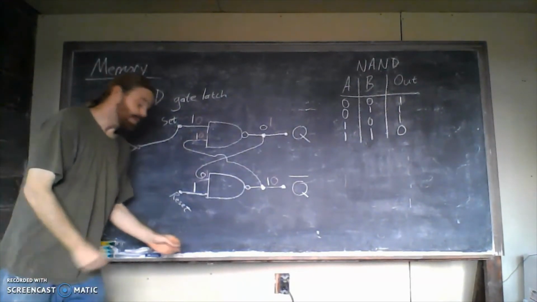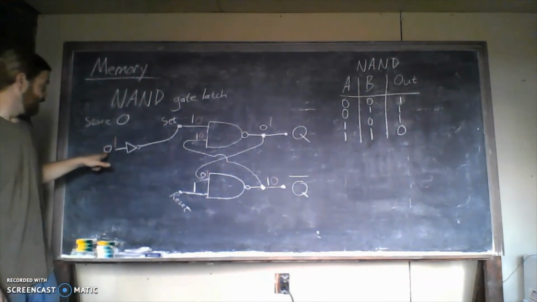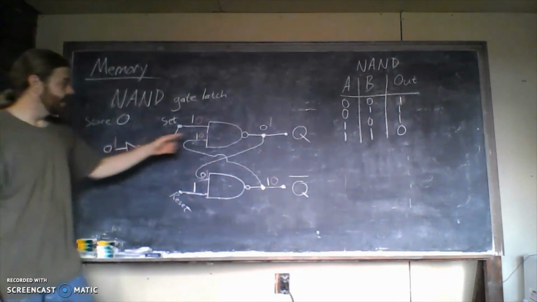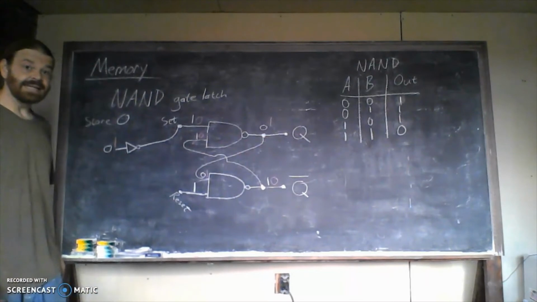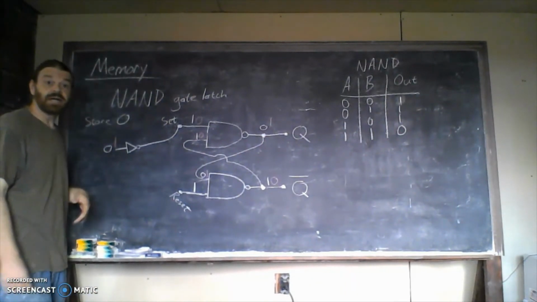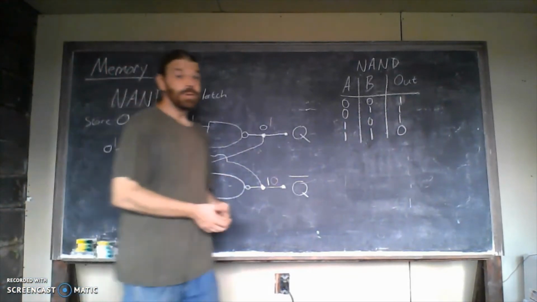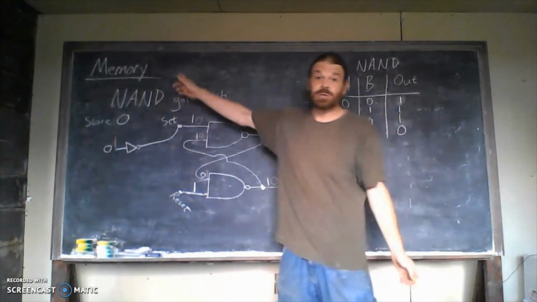A binary state machine, so we can only have it on or off, and whichever one we send in, it's going to stay there until we change it. And that's how memory works in a computer, and that's the big one that separates computers from the rest of our machines, is they remember stuff.